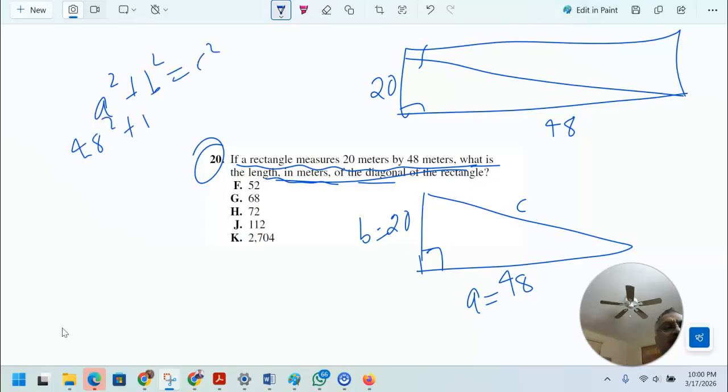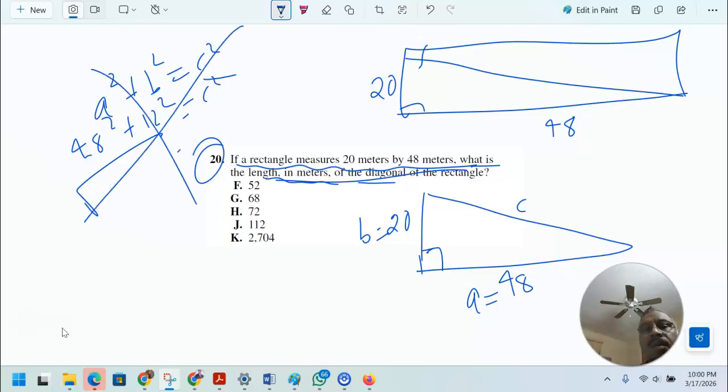48 squared plus 12 squared equals C squared, and this will get long. The best thing you can do is ask what number divides both 20 and 48.